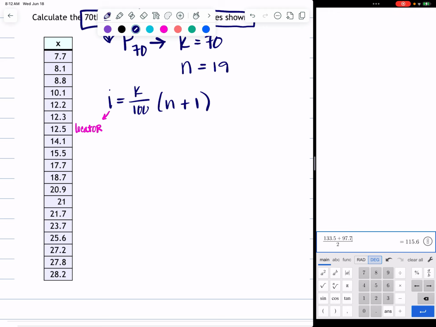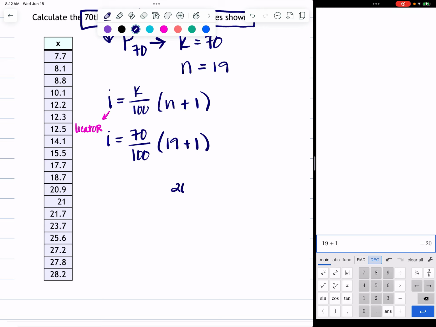We're going to plug in what we've got. We have a 70 for K. 19 is N plus 1. I'm going to go over here to Desmos again. When you're plugging things into Desmos, do yourself a favor and plug it in all at once. What I mean by that is I will have students who will do maybe 19 plus 1, and then they'll go write it down.